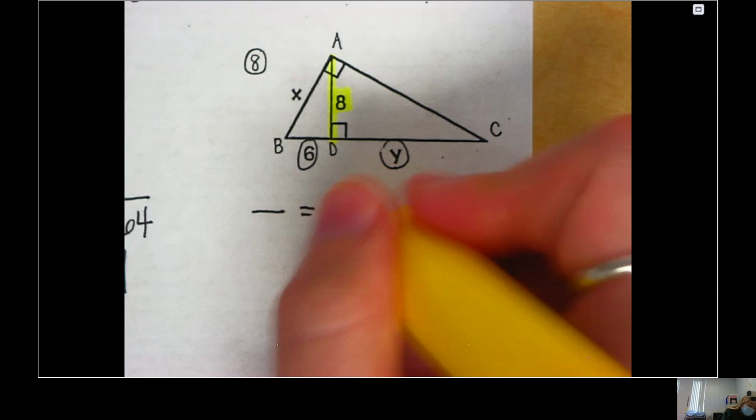So this was the altitude. All right, so let's cross multiply here. What is 6 times Y? 6Y. Equals, what's 8 times 8? 64. What's my last step to get the Y by itself? Divided by 6. Good. I think you get a decimal. 10 point what? 6, 6.